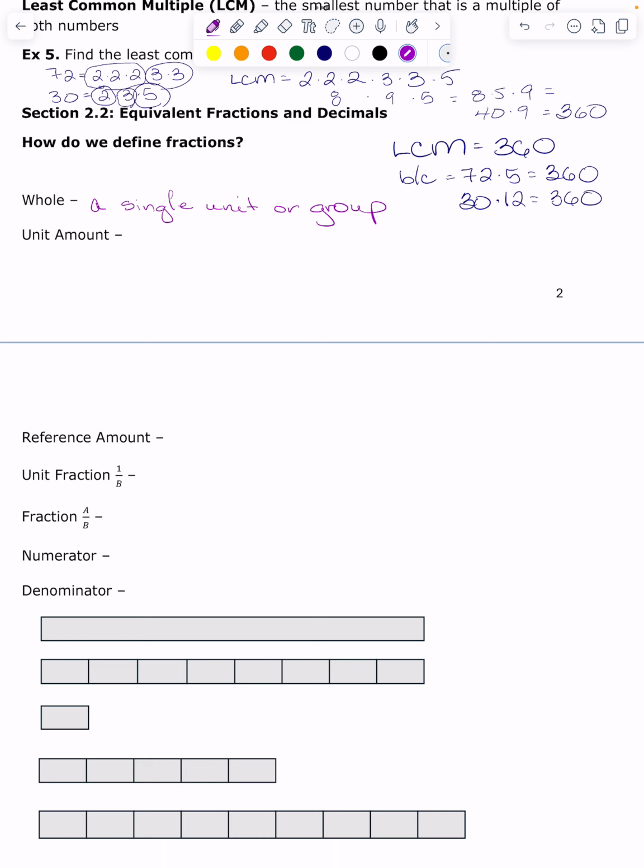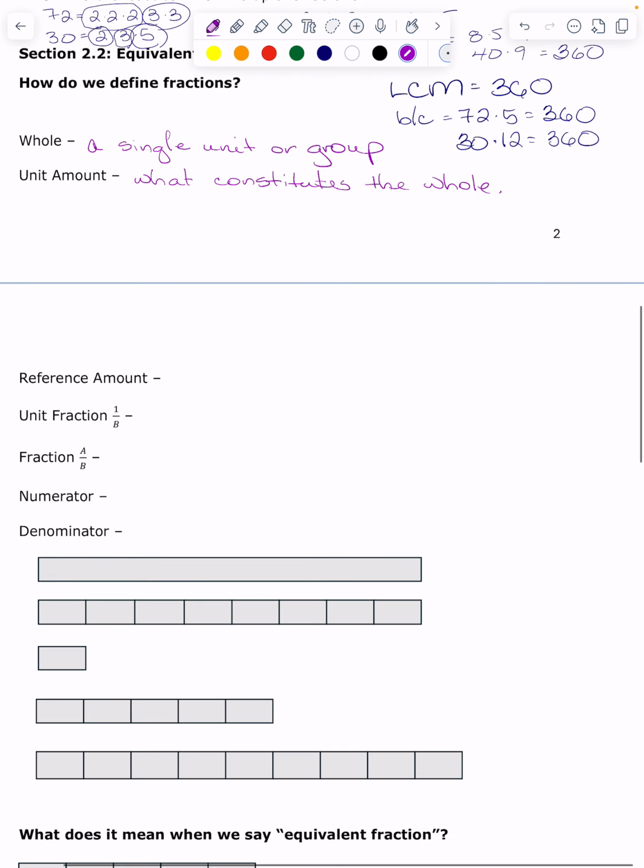Our unit amount is what constitutes the whole. Right? Is it 1 foot?